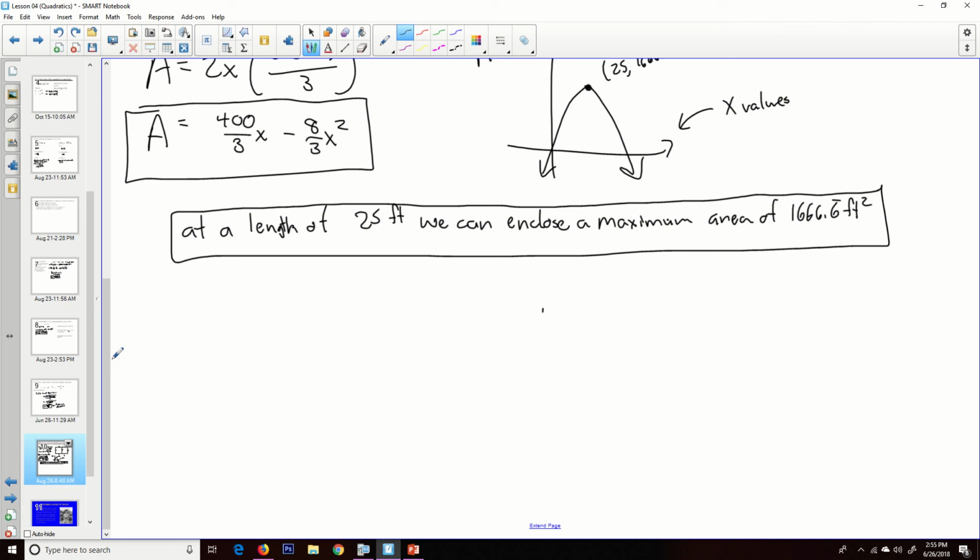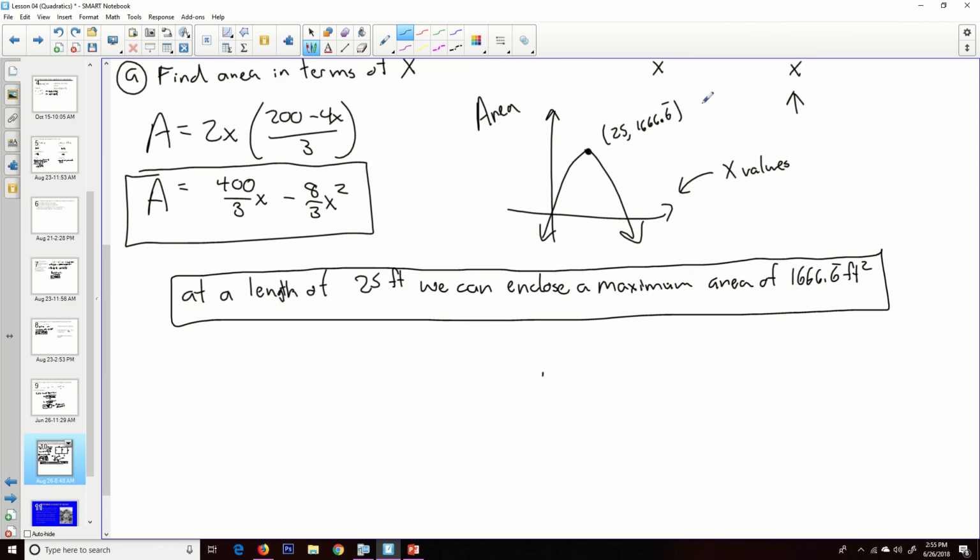Well, remember, this point right here is a vertex. And we have a way to find a vertex if it's in the general form, and that's what it is. So if I go x equals negative b over 2a, negative b would be negative 400 over 3, and 2a would be 2 times negative 8 over 3.